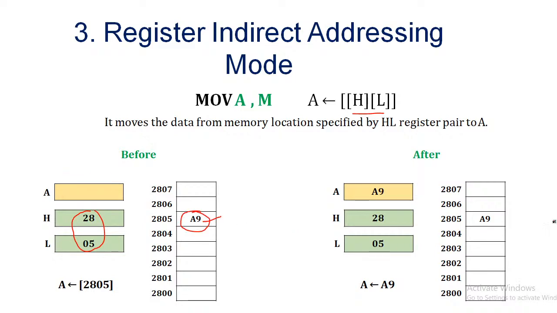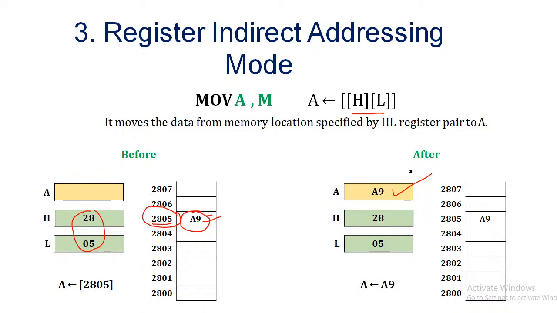If it is register indirect, the address in this register pair is 2805. This 2805 means the address location you have to find. Then whatever is the content in that address location is going to come here in the accumulator. So this is the way we do register indirect.